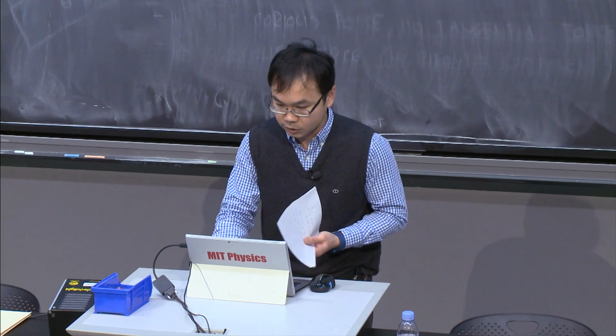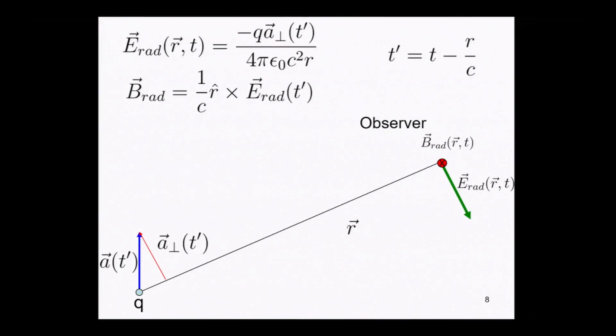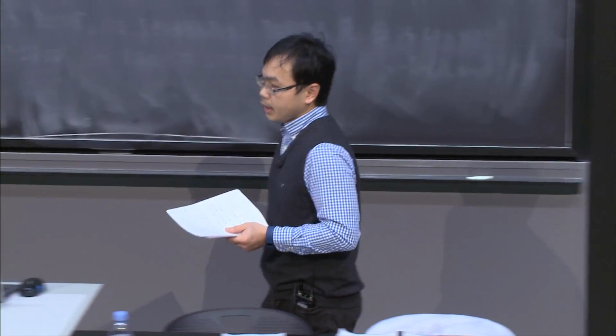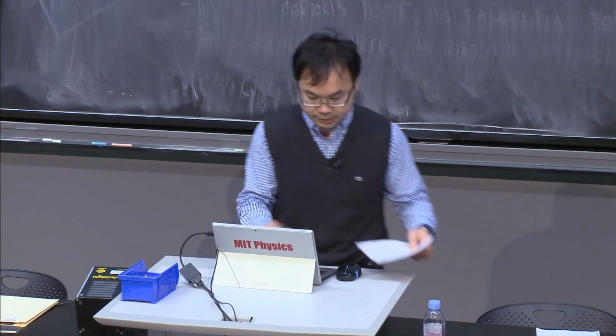The corresponding magnetic field can also be evaluated, whether through Maxwell's equations or using this formula here. And finally, we can evaluate the Poynting vector, the directional energy flux, through exactly the same equation which we used before. That's what we learned last time.